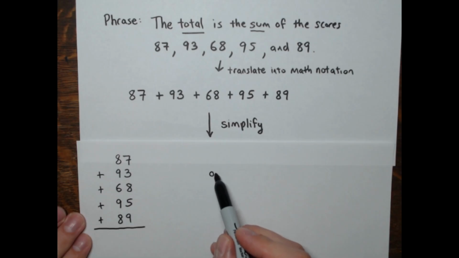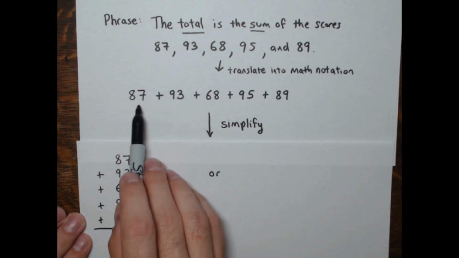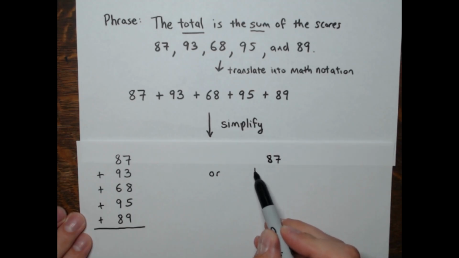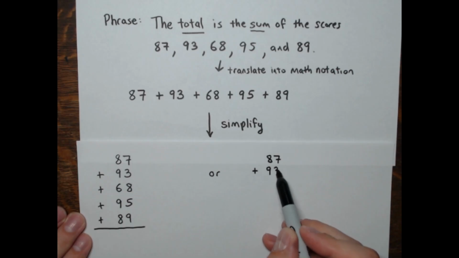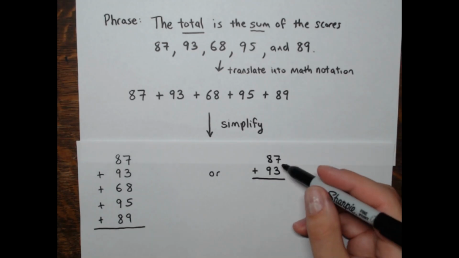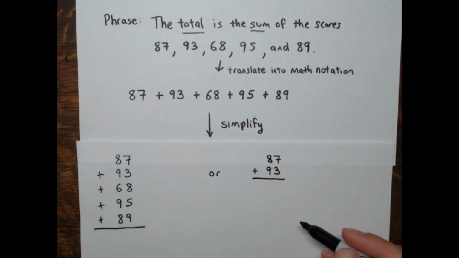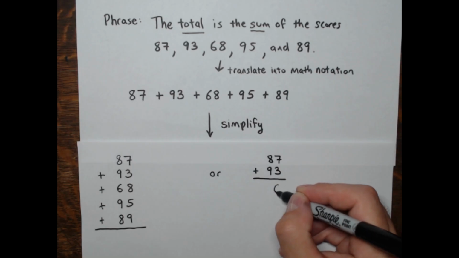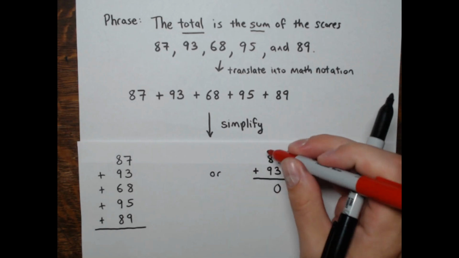Or you could do 2 at a time. We'll start with the first 2 scores. I take 87 and then add to that 93, lining up ones and tens digits, things in the same place value. Adding up, starting with the ones digits, right? 7 plus 3 is 10, which is 0 ones and a 10.